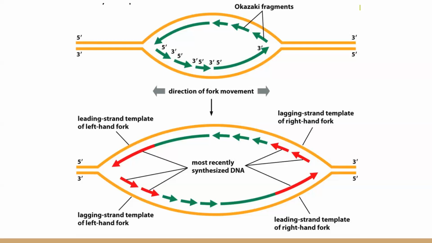In order to overcome that, the DNA primase will put down an RNA primer right here. As it opens up, it'll put a little one down, and then the DNA polymerase will start to add on.